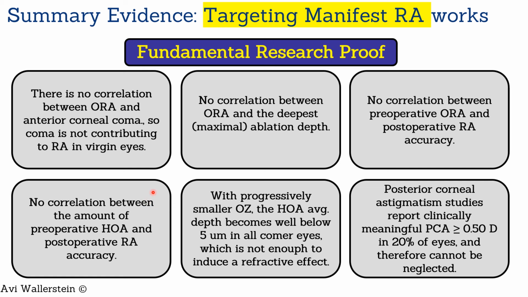No correlation between the amount of preoperative HOA and postoperative refractive astigmatism accuracy. And we see with progressively smaller optical zones, the HOA average depth becomes well below 5 microns on all eyes, which is not enough to induce a refractive effect. And of course, posterior corneal astigmatism studies report clinically meaningful PCA greater than 0.5 diopter in 20% of eyes, and therefore cannot be neglected.